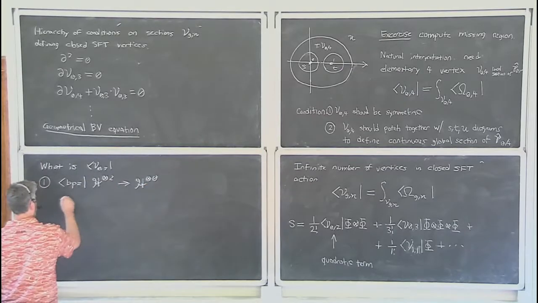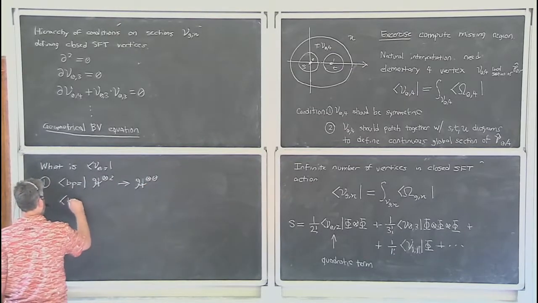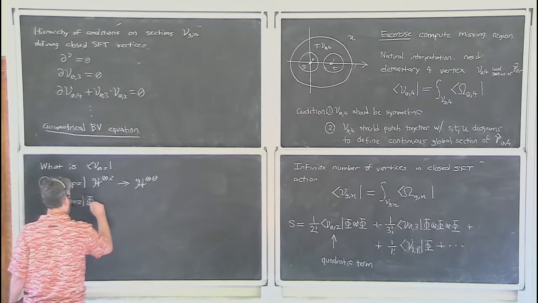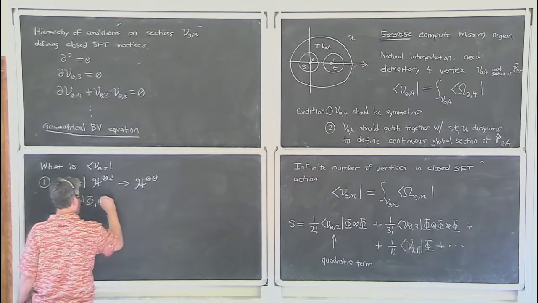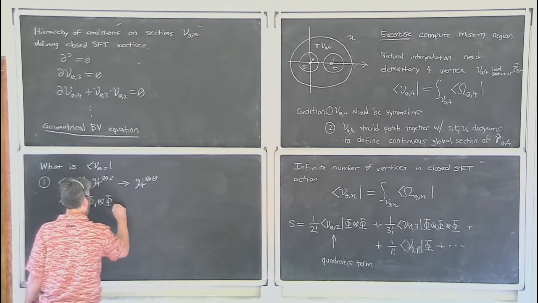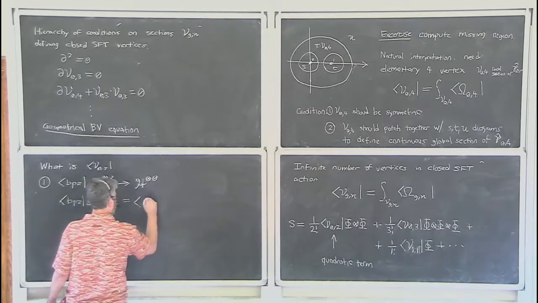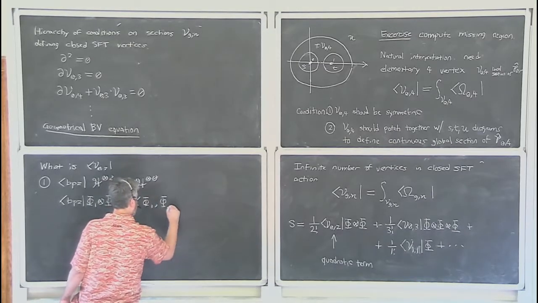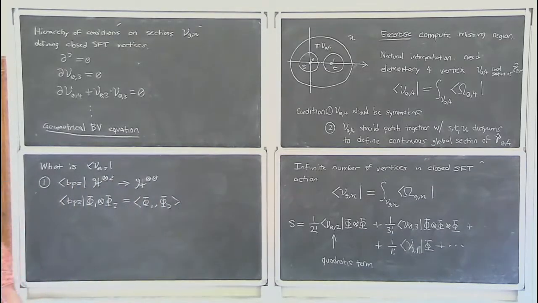Often BPZ acting on phi 1 tensor phi 2 is written as the bracket of phi 1 with phi 2.